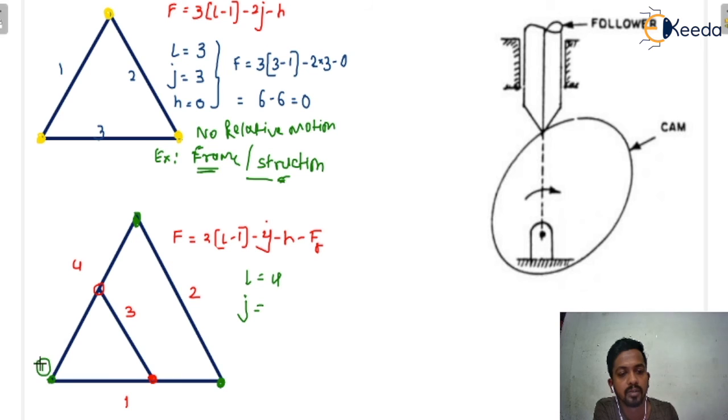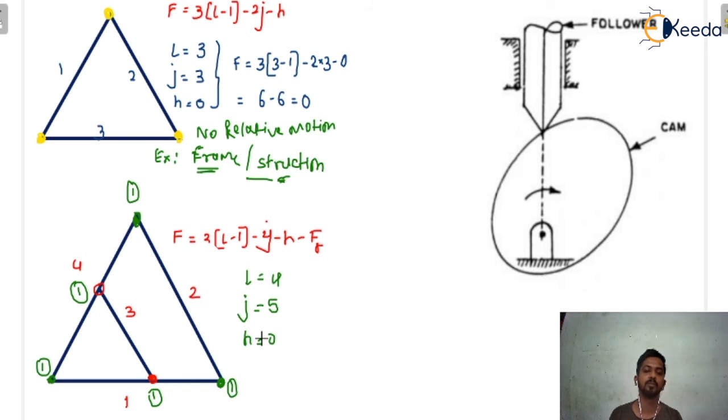That is the first, that is the second, and that is the third binary joint, and of course the fourth, because this is a complete single link. If this is one link and this is the second link, that would be a binary joint. So I am going to consider this a binary joint, and this can also be a binary joint. So how many binary joints are there? That is 5, and the higher pair is equal to 0. Are you getting my point?